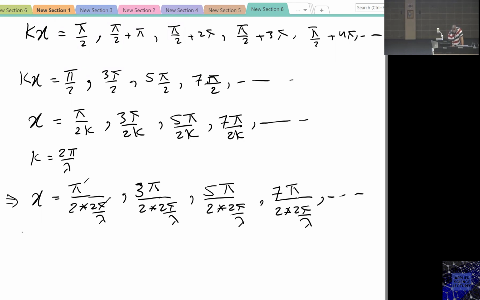Then pi cancels with pi. Now in terms of lambda, the first one is lambda over 4. The next one would be 3 lambda over 4, 5 lambda over 4, 7 lambda over 4.